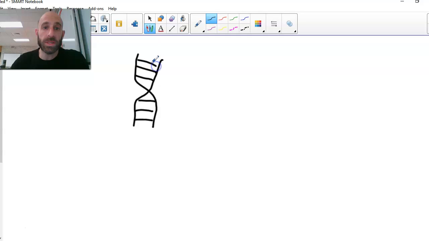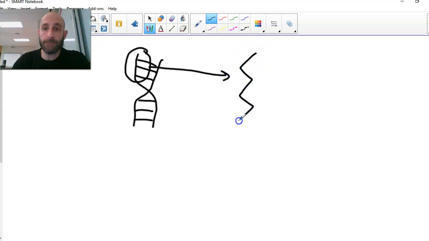It's often called a twisted ladder. But let's say I zoom in. If I want to zoom into this image right here, what I would see is something that looks like this. So I'd have this structure of these things called bases and sugar and phosphate.